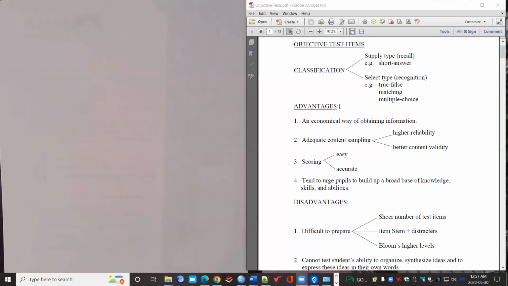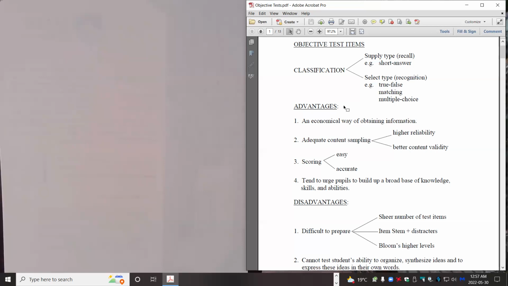Take a look at the advantages of objective tests. Remember, objective tests include short answer if it can be dichotomously scored, matching, true false, and multiple choice.